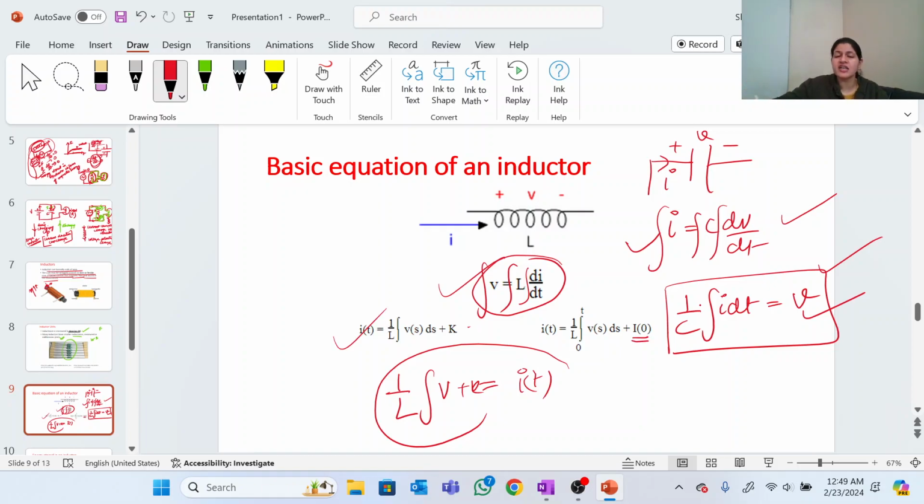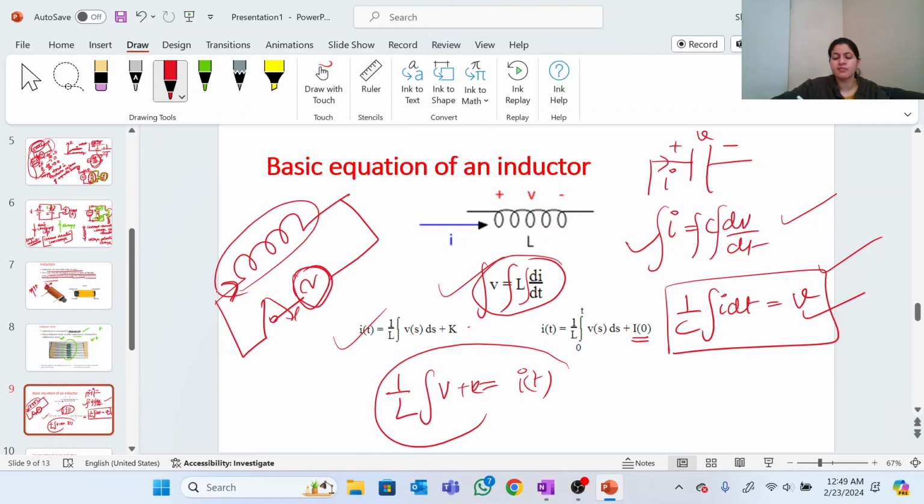Here this initial condition has also been taken into consideration, that if somebody says that there is a certain amount of current which was flowing before. Let's say that there is a switch here. So before closing the switch or before connecting this inductor to this main supply, there was already some amount of initial current flowing across the inductor because of a turn on which has taken place before.